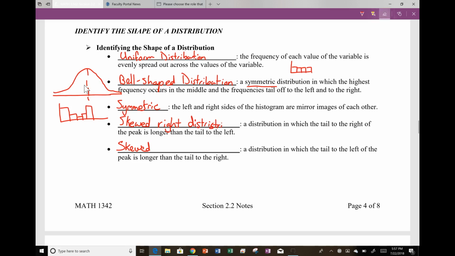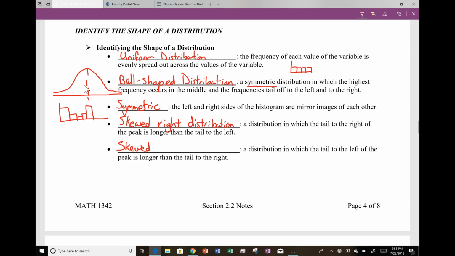I'm misspelling that again, so let me start over. There we go. So a skewed right means that the tail is to the right and the taller, longer frequencies are to the left.